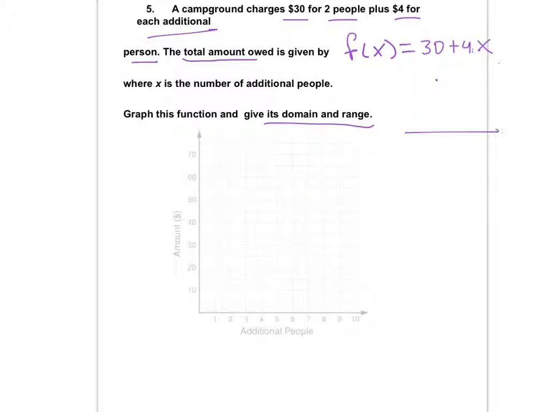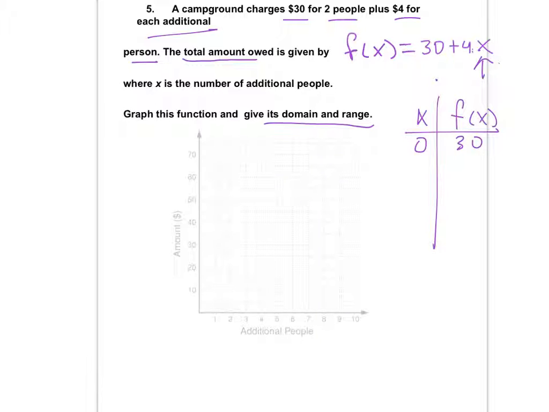So if I were to do this right here and I plug in an x, here's my f of x. Remember, f of x is another name for y. So if I plug in 0, that means I'm plugging in 0 right there. So 4 times 0 is 0, plus 30 is 30. So with 0 people going, it's going to cost me 30 bucks.